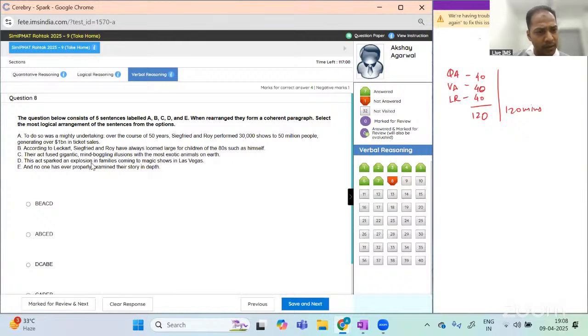This act sparked an explosion of families coming to Las Vegas, and no one has ever properly examined their story in depth.